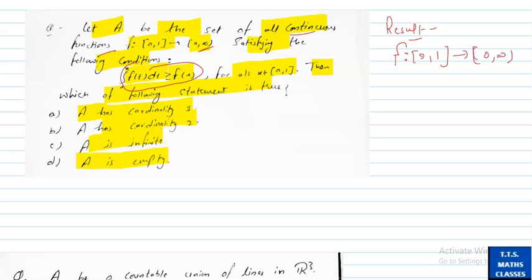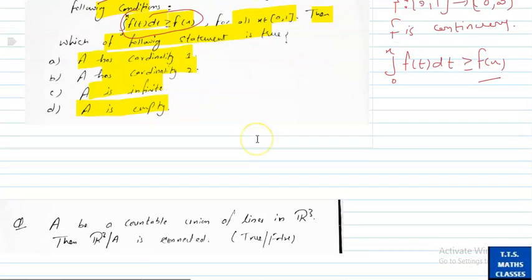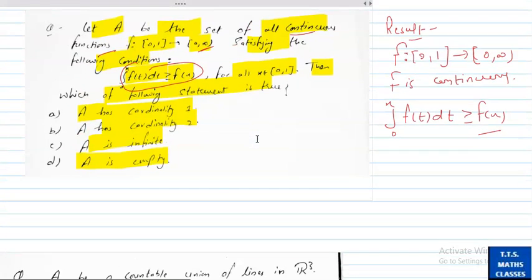And f is continuous as well. And the third condition is the integral from 0 to x of f(t) dt is greater than or equal to f(x). Okay, so we take such a function which satisfies that condition.